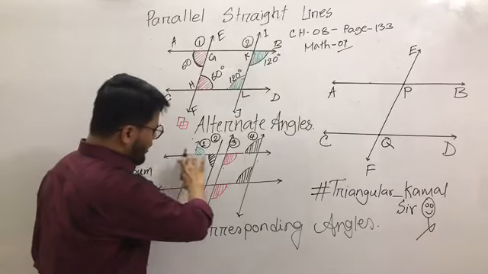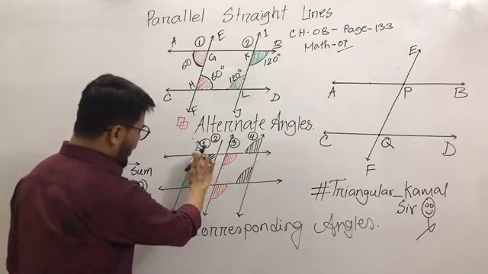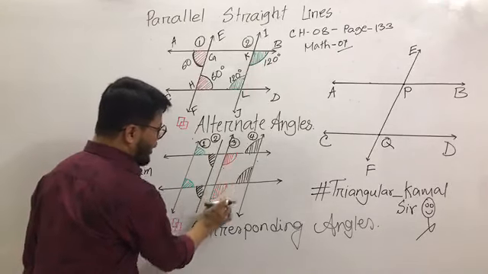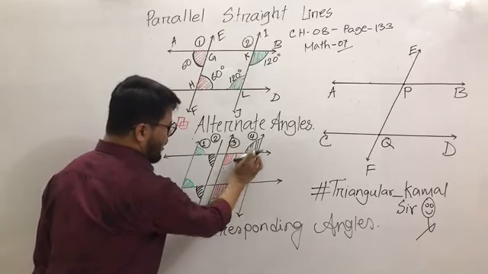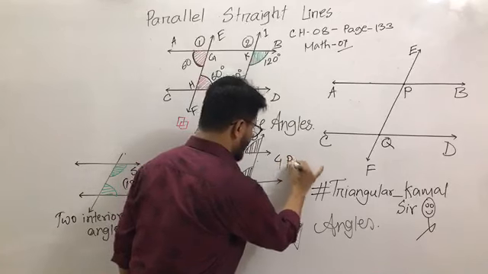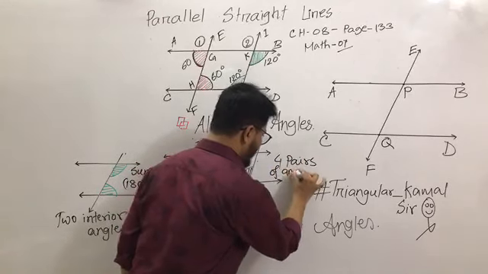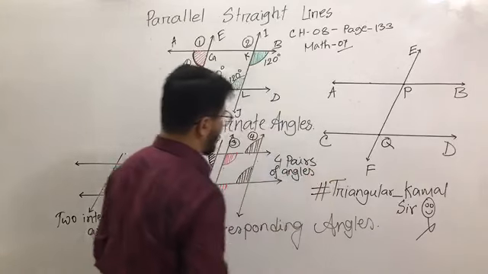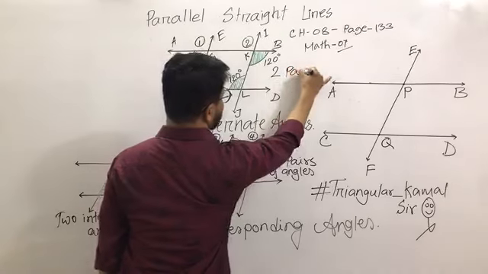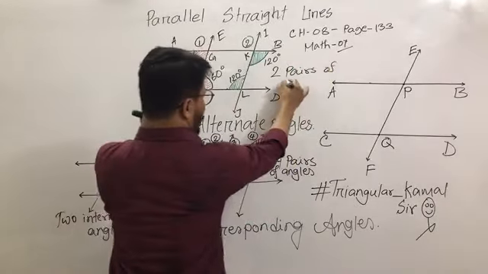But in two parallel lines, we see there is the green color and the black color, 1, 2, and then red color 1, 3, and then black color 1, 4, and there are 4 pairs of angles. There are 2 pairs of angles.